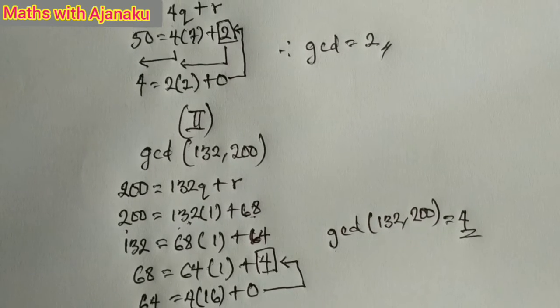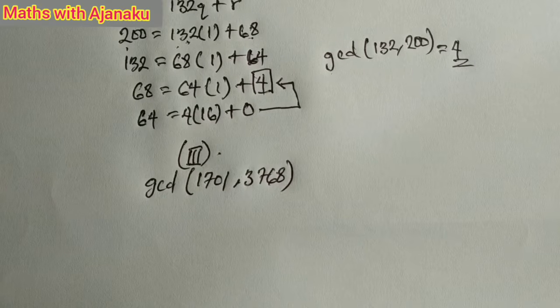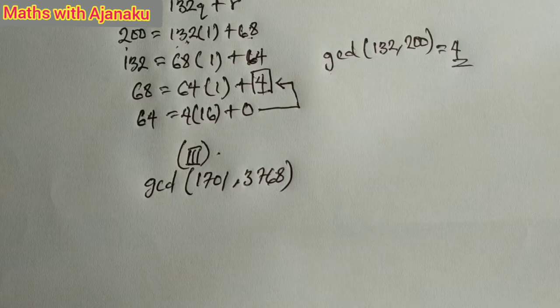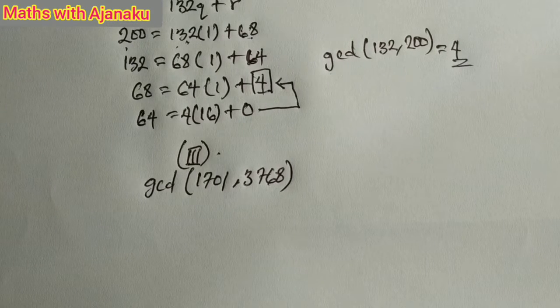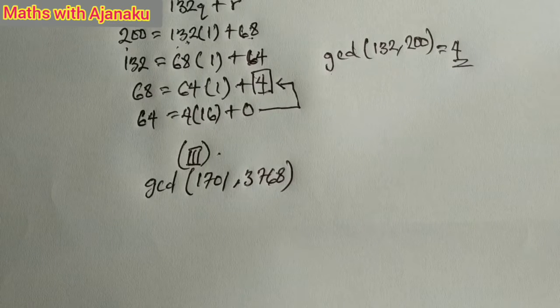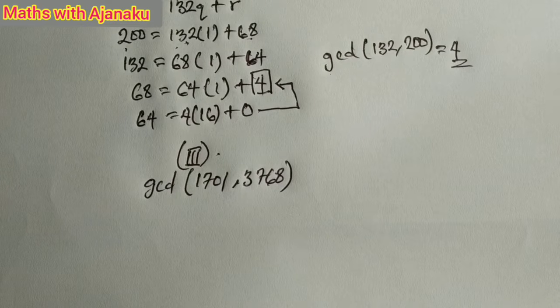Let's check this out. With this example here, one can easily say what the GCD of this is. Neither can one just think about a number that will go evenly, or the highest common factor that will go evenly within the two numbers. It's quite difficult to come up with, but you don't have to go through that stress.